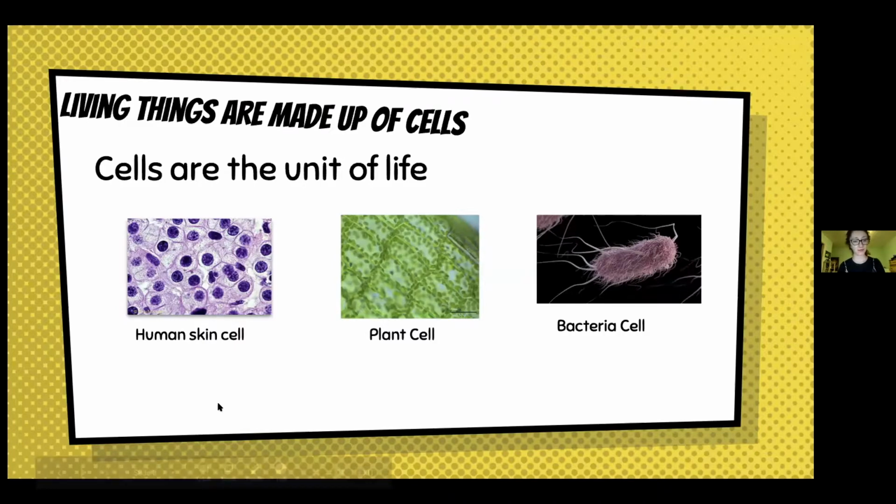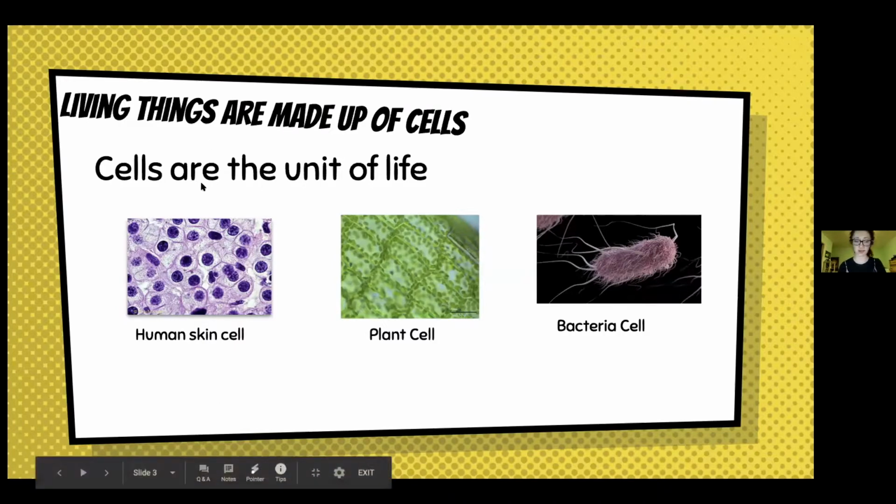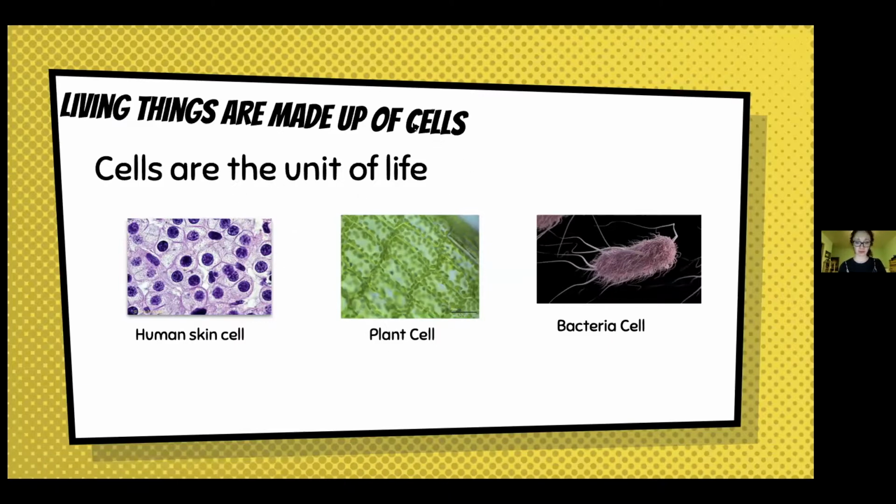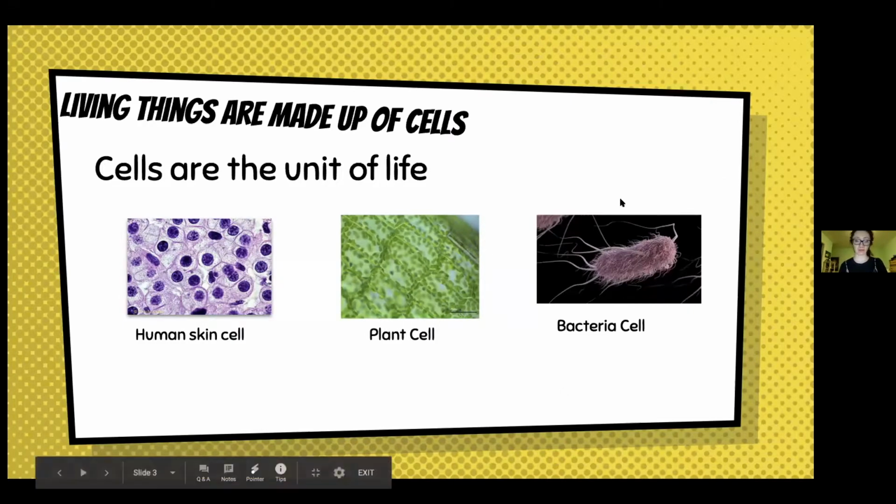So here we are looking at human skin cells. We're made up of trillions and trillions of cells. In the middle, you can see a plant cell, which is unsurprisingly really green. And then there are even organisms that are only made up of one single tiny cell, called unicellular organisms, which all bacteria belong to.